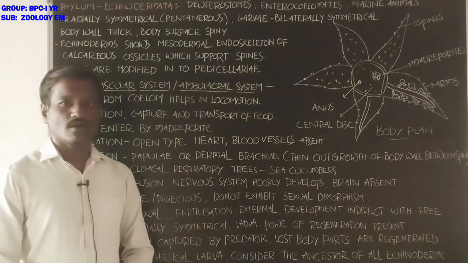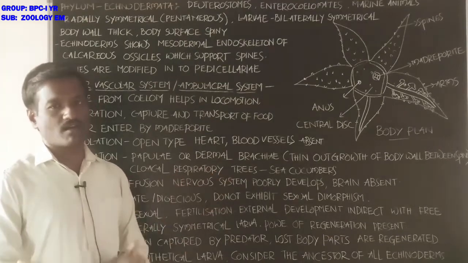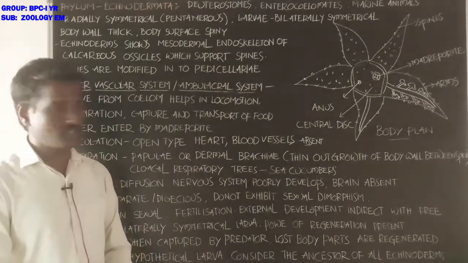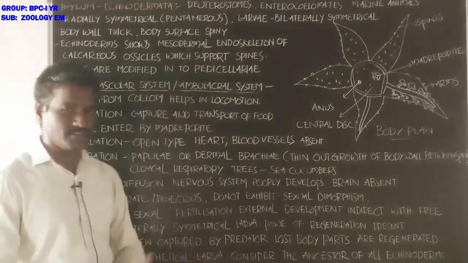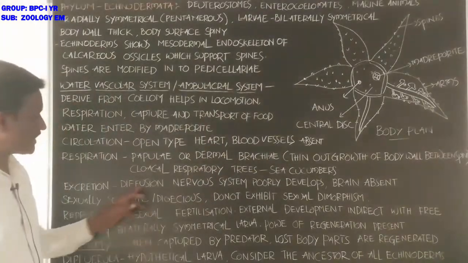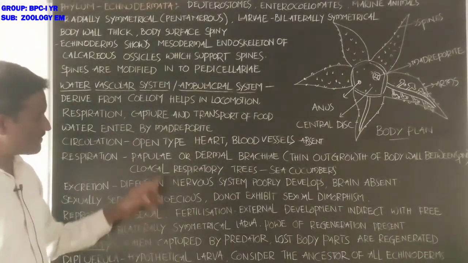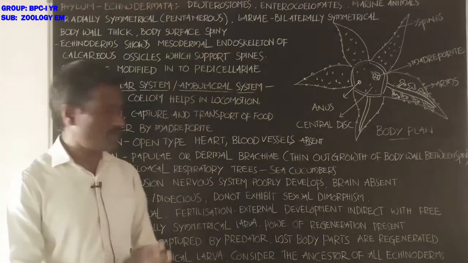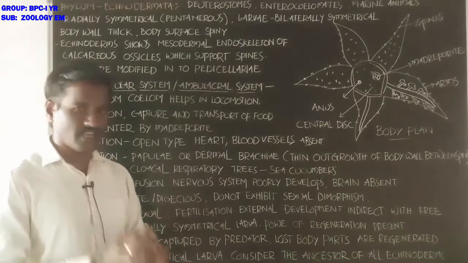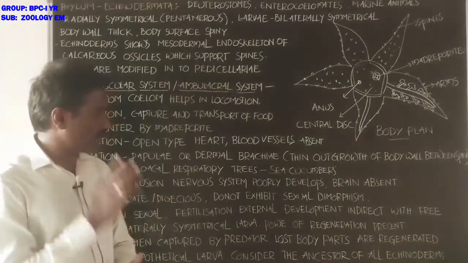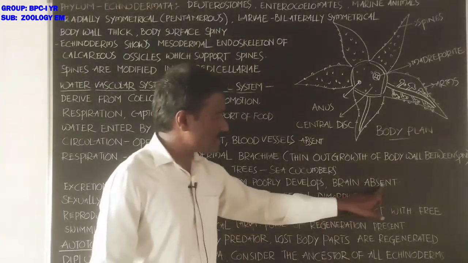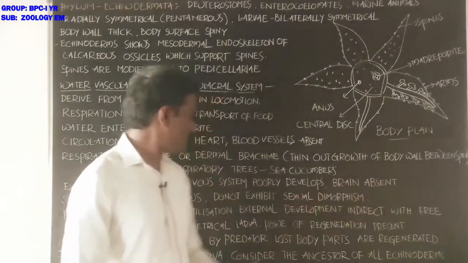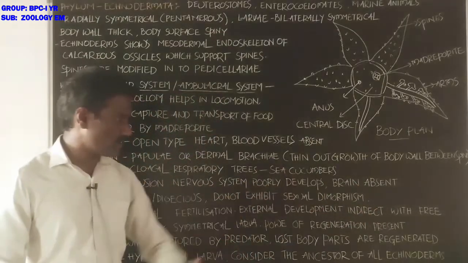Separate excretory organs are absent in these animals, like heart and blood vessels. Excretion is possible by diffusion. Next, the nervous system is poorly developed. Sensory organs are also poorly developed. Brain is absent.